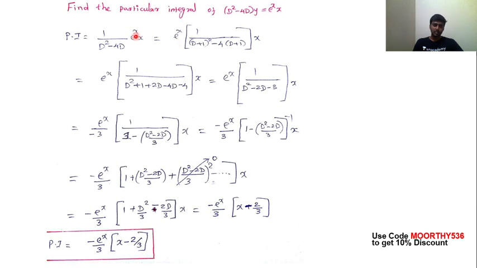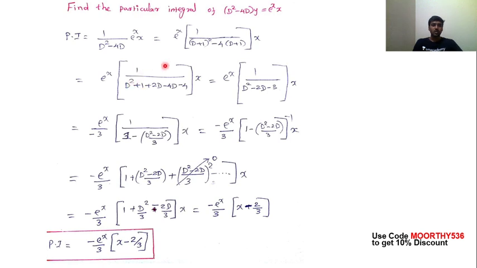When you take e power x to the front, we have to replace D by D plus a. Here a is equal to 1, the coefficient. So instead of D we are replacing D plus 1, into x.